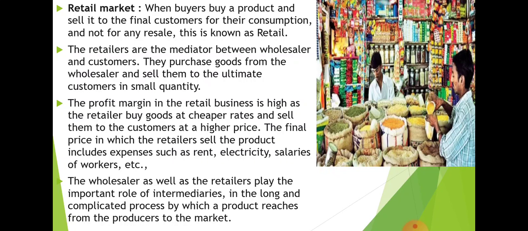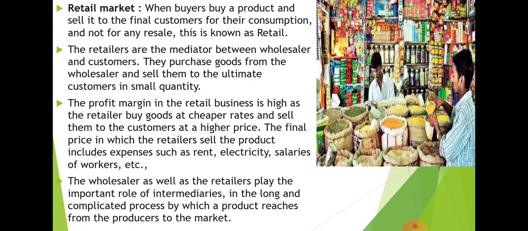The wholesaler as well as the retailer plays an important role as an intermediary in the long and complicated process by which a product reaches the market from the producer. Basically the process is very long: from producing it, to coming to the wholesale market, then coming to the retailer shop, and then coming to the customer.